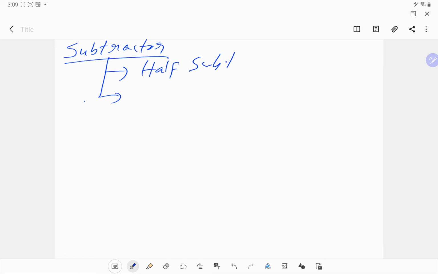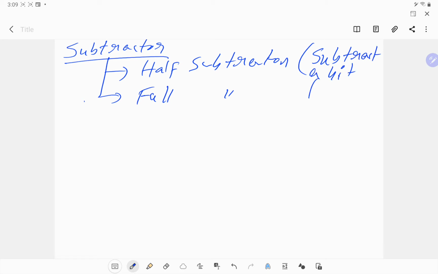So we now study subtractor circuits. There are two types of subtractors again: half subtractor and full subtractor. What a half subtractor does is subtract a bit from another bit.